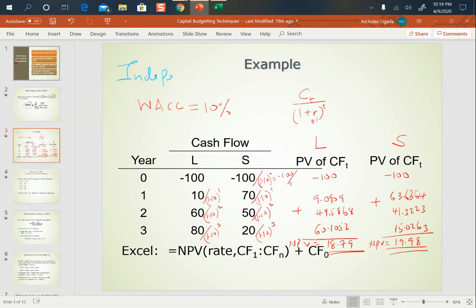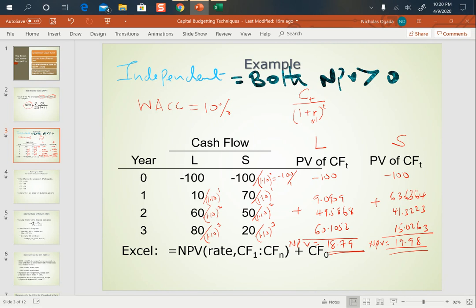in other words, the cash flow of one does not affect the cash flow of the other. In this case, you'll choose both, and the reason why you're choosing both is that they have a positive NPV.